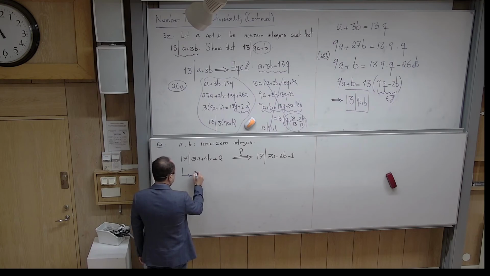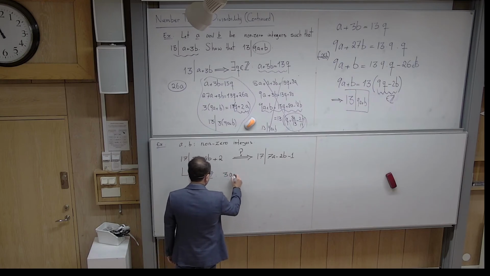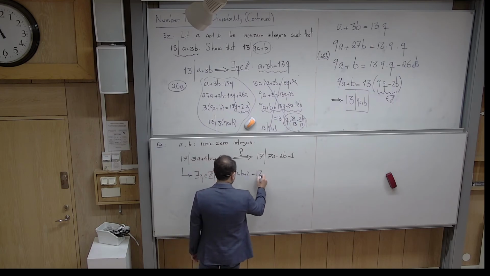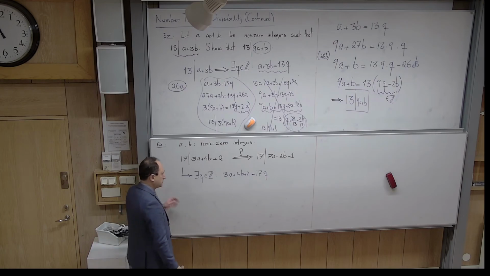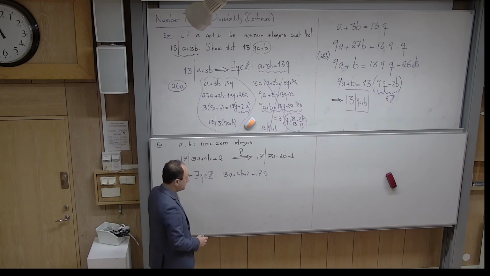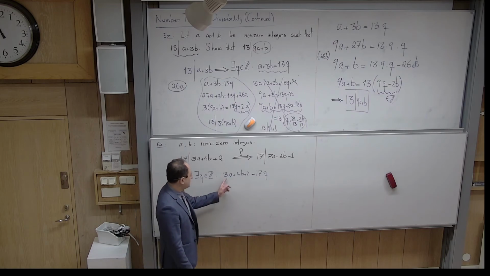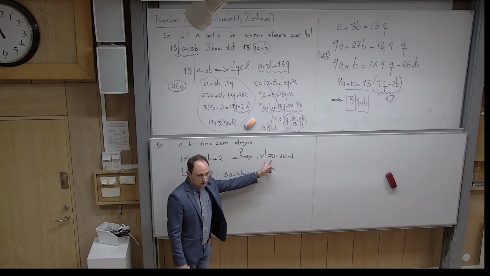There exists a Q in Z such that 3a plus 4b plus 2 is 17 times Q. I gave you the hint, so just follow the hint. I just ask you to multiply by 8. It is a little bit unreasonable, because how will multiplying by 8 help me get that combination? But it will work.